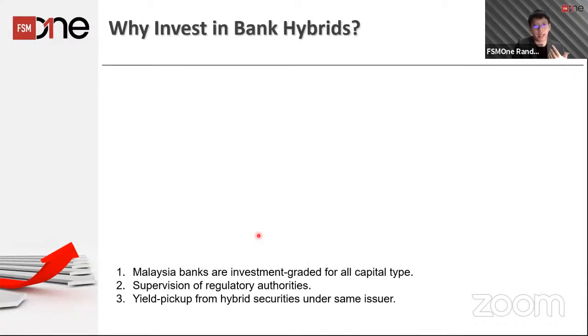First thing first, all the Malaysian banks are well investment graded for all the capital types, meaning the senior capital, the tier 2 capital, and also the AT1 capital. They are all investment grade, which shows that they have strong credit quality and a strong profile to make sure all the coupon payments are made on time.